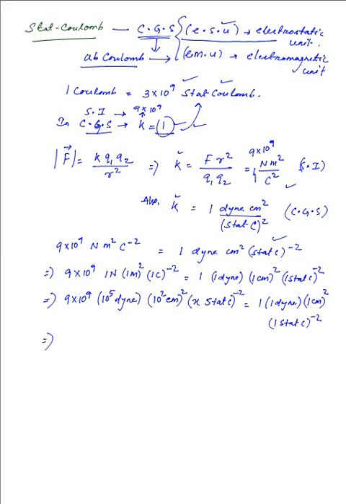So if we change the sides, that is we take up those terms and try and cancel them out, what we find is dyne cancels out with dyne, centimeter squared cancels out with centimeter squared, stat coulomb minus 2 cancels out with stat coulomb minus 2.